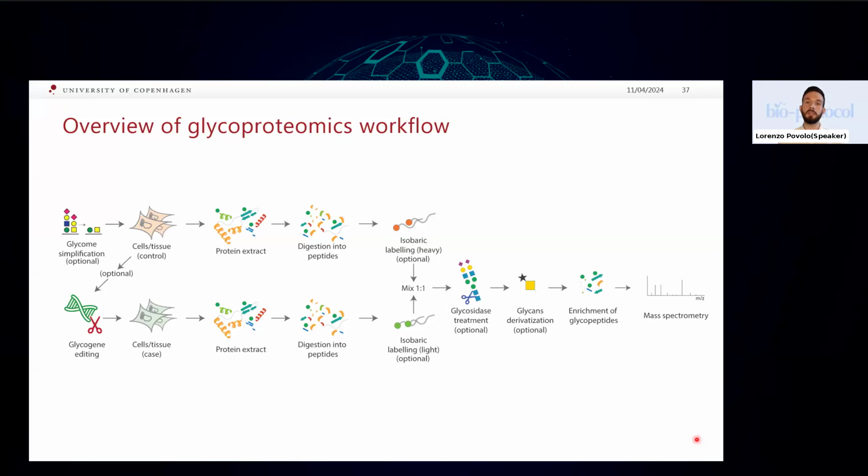Some glycosyltransferases are present in the ER, the endoplasmic reticulum, and others are in the early Golgi or the late Golgi. So there are differences in that sense. There is no simple answer to this, but it's an important point.